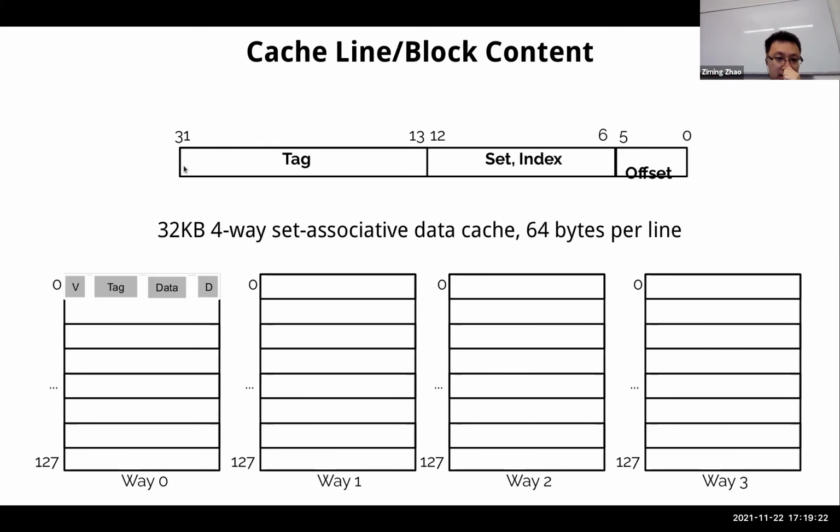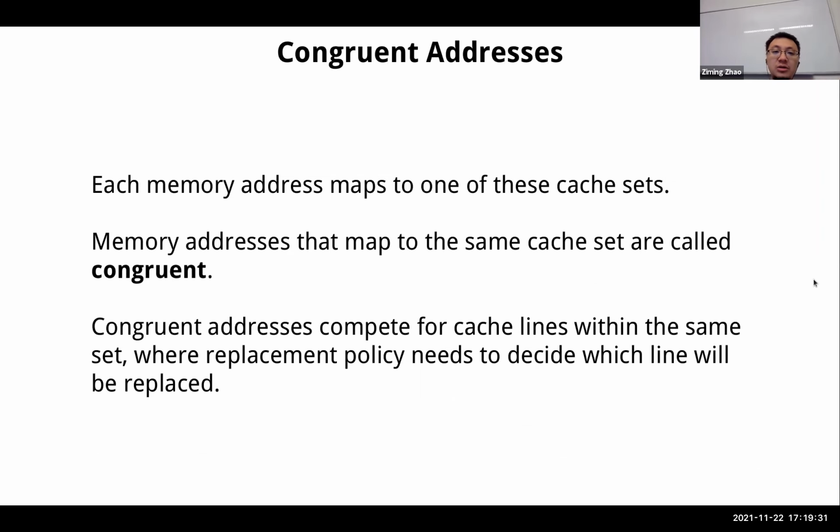The tag is 19 bits, which represents many different memory addresses, and they can all go to the same set. All those addresses that map to the same cache set are called congruent addresses. The data in those congruent addresses compete for cache lines within the same set.